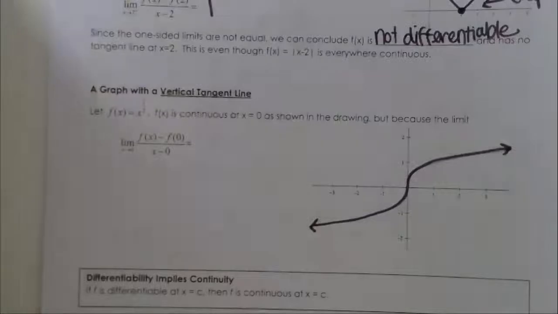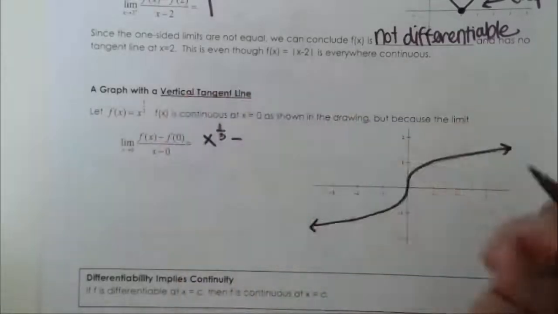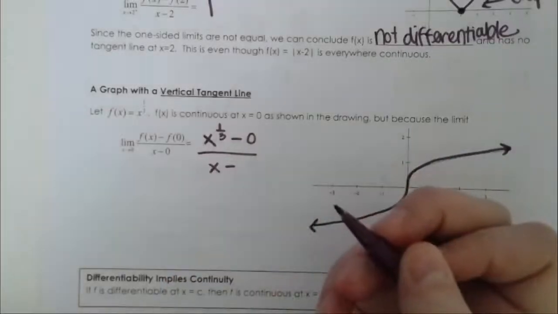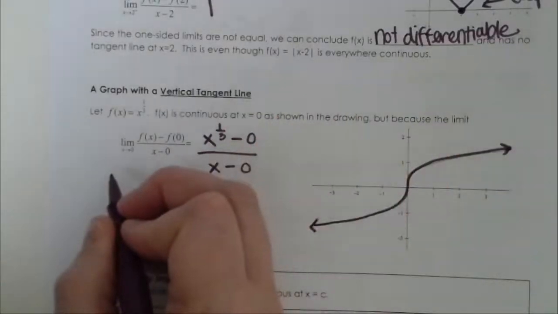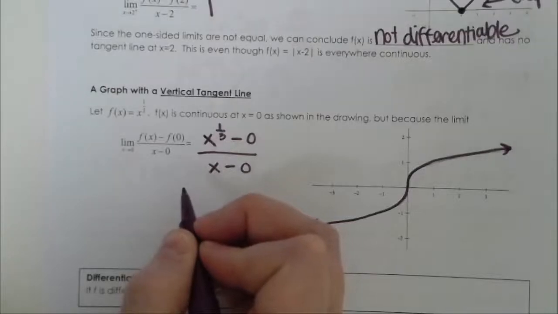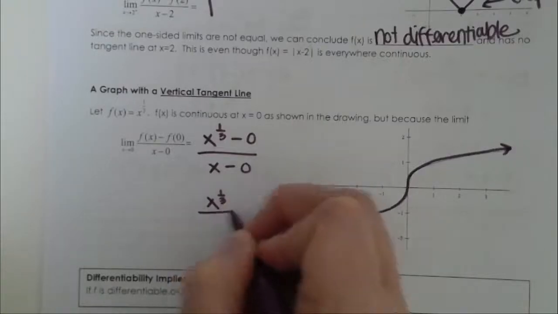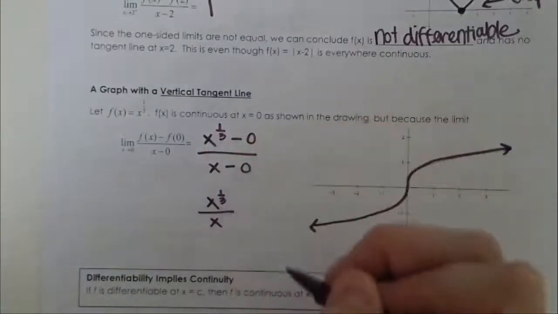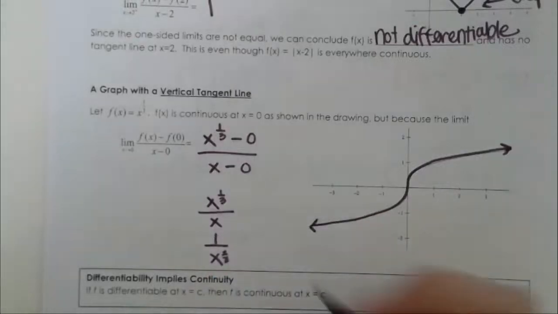So if we take this limit definition and I substitute my f of x, I've got x to the power of 1/3 minus f of 0, and 0 to the power of 1/3 is just 0, over x minus 0. I want to take the limit as it approaches 0. I want to do a little bit of simplifying first. So x to the 1/3 over x, we know that we can subtract these exponents and we get negative 2/3, which is left on the bottom, leaving me with a 1 in the numerator.